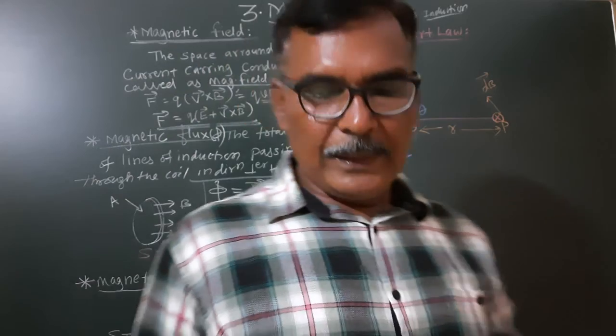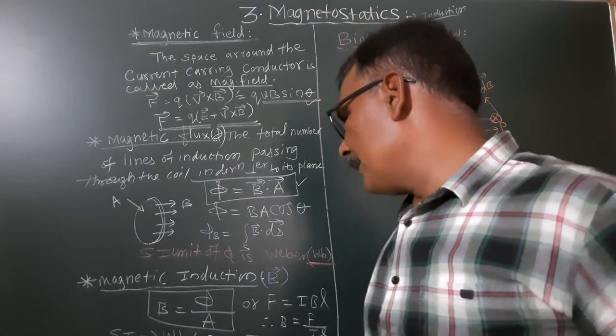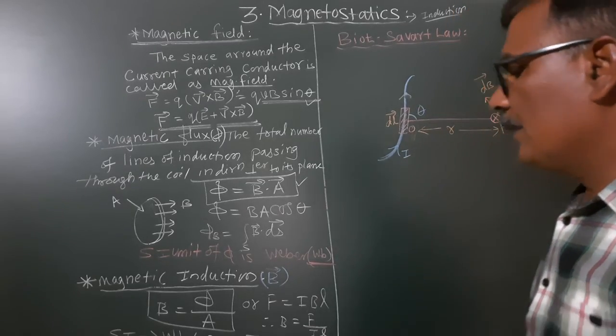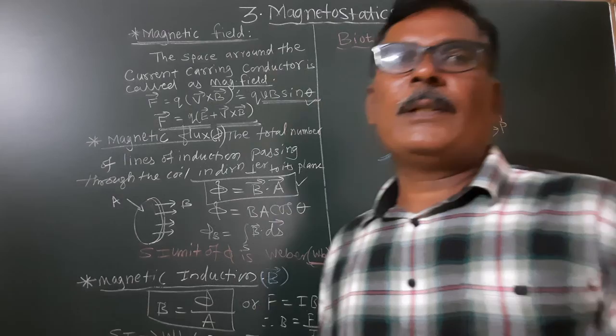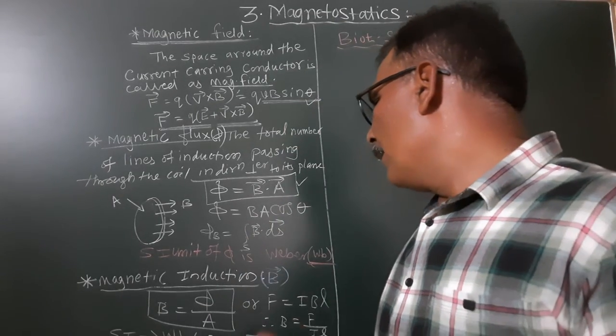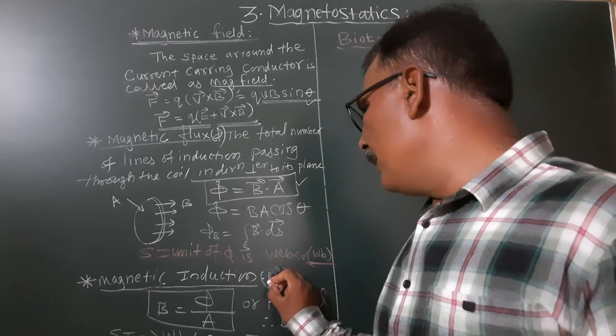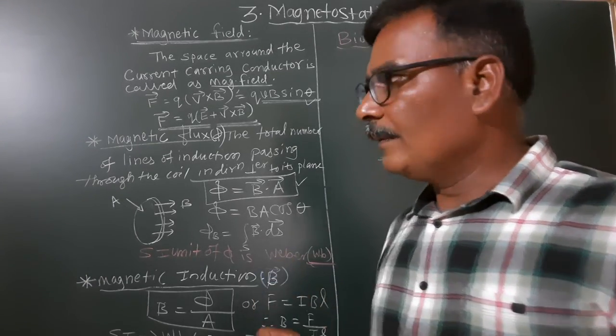Newton per ampere meter is also called Tesla, or Weber per meter square. This is nothing but magnetic flux per unit area, called magnetic induction. Basically, it is denoted by the symbol B.